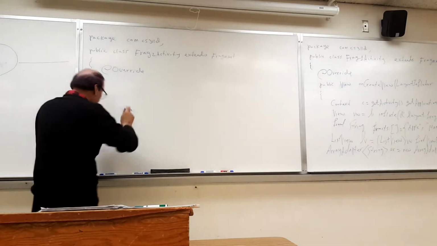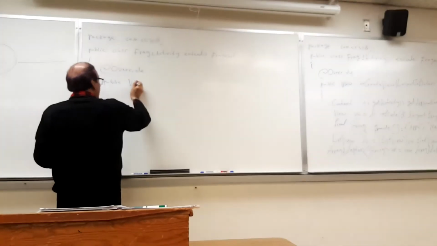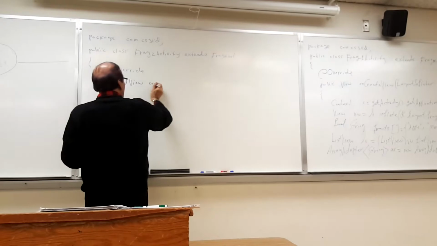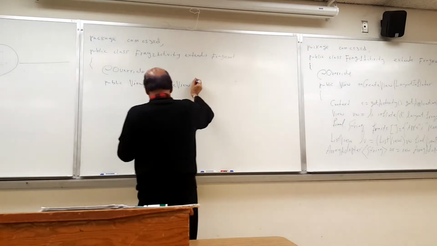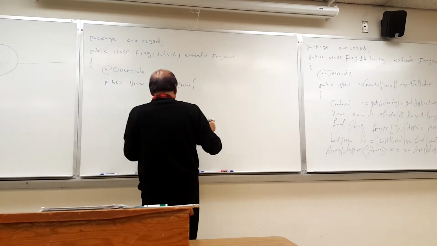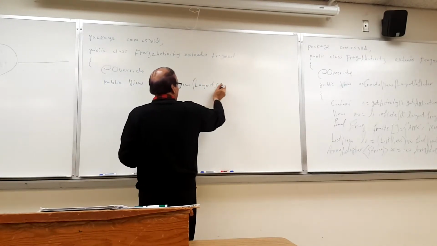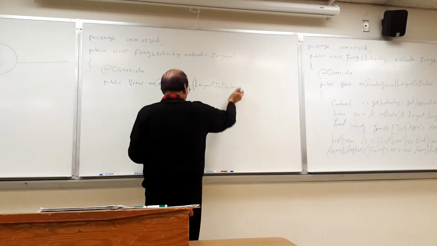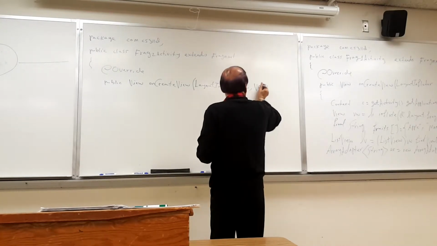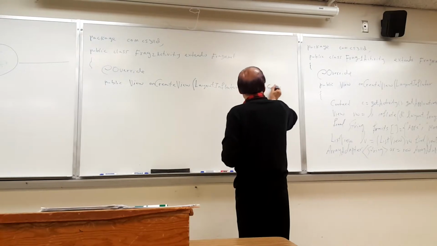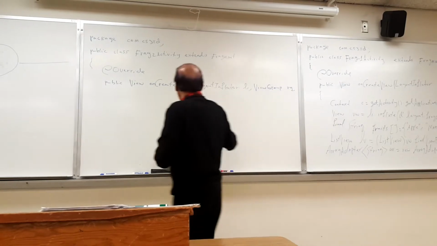Public View onCreateView, argument list: LayoutInflater LI, comma, ViewGroup VG, comma, Bundle B.